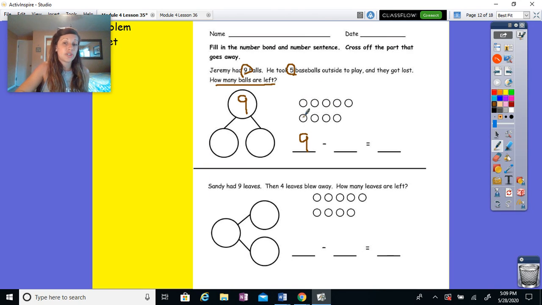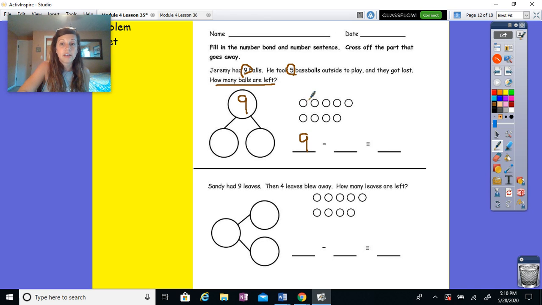Now, they did a picture for us already, so let's just make sure that they drew 9. 1, 2, 3, 4, 5, 6, 7, 8, 9. Good. So it says that he took 5 baseballs outside to play and they got lost. So we need to cross off 5 baseballs because that's how many got taken away.